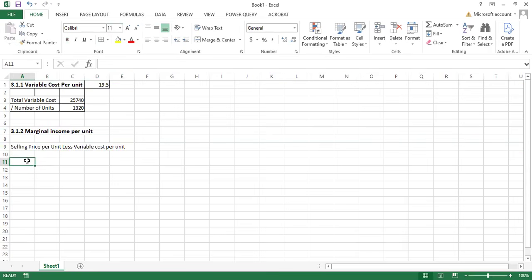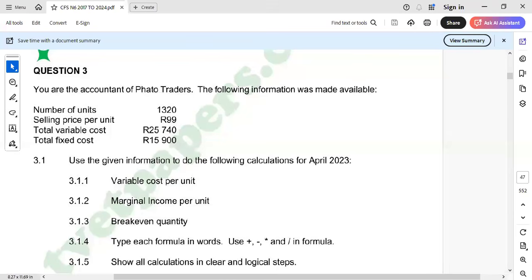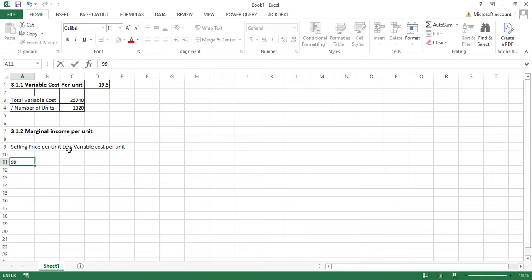Now, let's quickly check the amounts as well. So our selling price is 99 rand. So we are going to say 99 less the amount that we calculated on top there, which was 19.5.